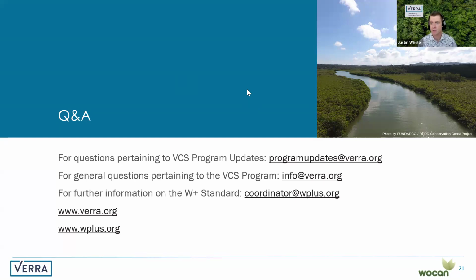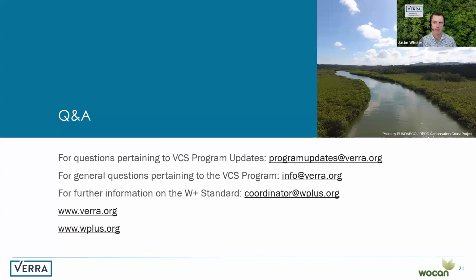So the first question from Chetan is about templates. When the W+ label was initially launched, there were joint templates. There have been many revisions to the VCS program templates since that initial launch, and we haven't kept up the revisions to the joint templates.